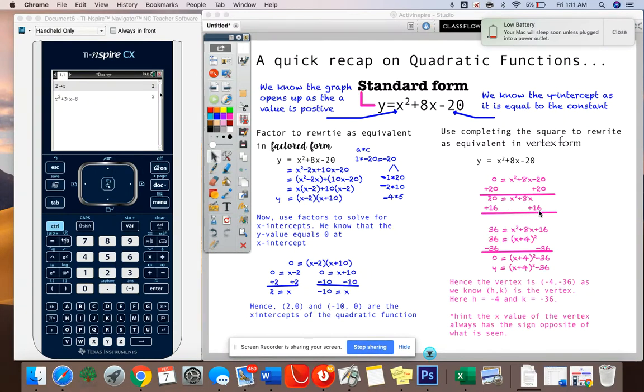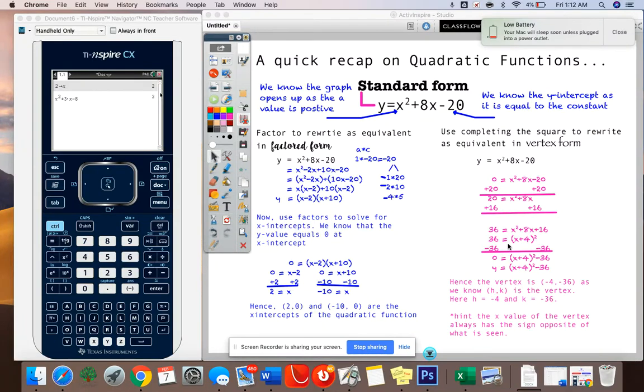I want to add 16 to both sides, which gives us 36 equals x squared plus 8x plus 16. Now, x squared plus 8x plus 16 can be factored into x plus 4 squared. So I'm going to rewrite that in this step right here.